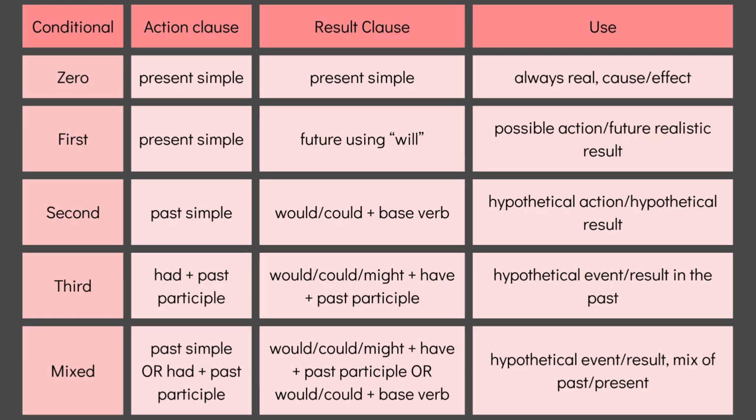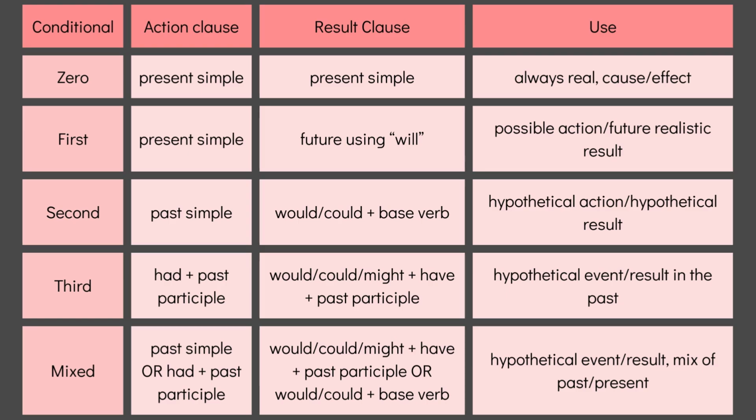For the third conditional, we use had plus a past participle in the action clause, and we use would, could, or might plus have plus a past participle in the result clause. We use the third conditional to talk about hypothetical events and their results, all in the past.